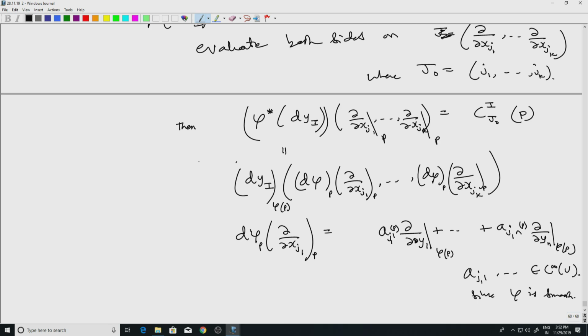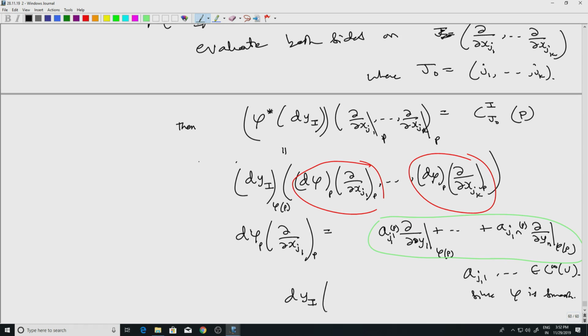Now it's quite straightforward, because as before, what one can do is in all these expressions, one can plug in these corresponding expansions, use multilinearity, and then again use the action of dy^I.